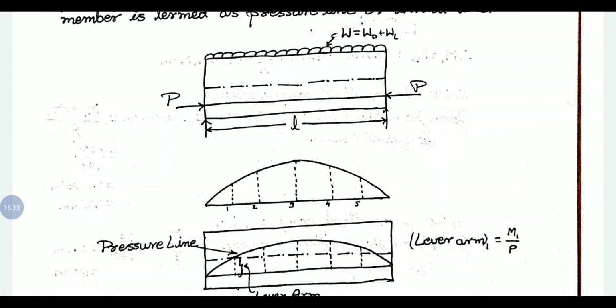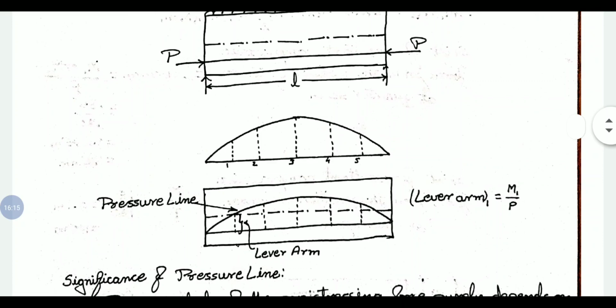At each point we will be having two different lever arms. So in the third figure you can observe the distance between the tendon and the position of compressive force is called the lever arm, and the curve indicated above the tendon level is called the pressure line.